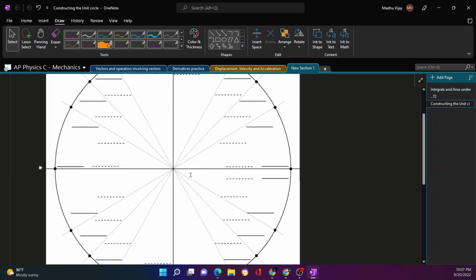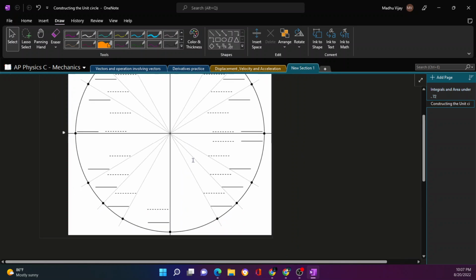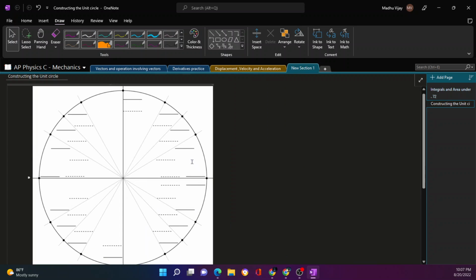So, I have a blank unit circle here, and I'm going to call this angle right here 30 degrees.